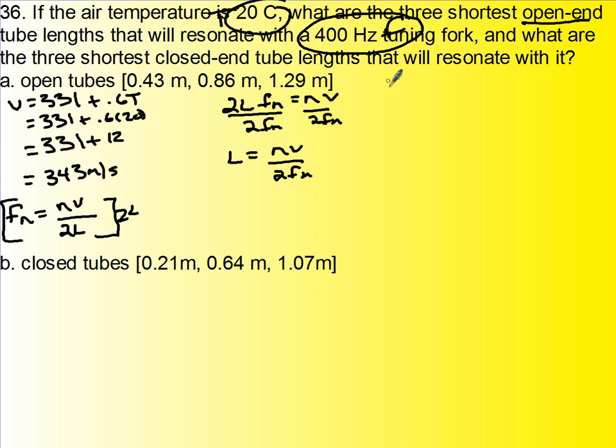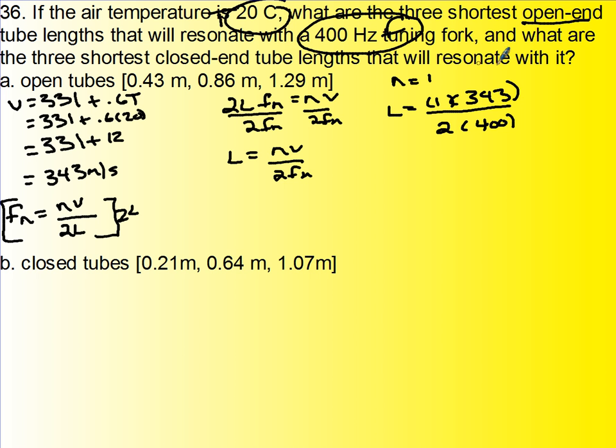Now, it's open, so if n equals 1, L is 1 times v, which is 343, divided by 2 times the frequency. We have 1 tuning fork, so it's 400.